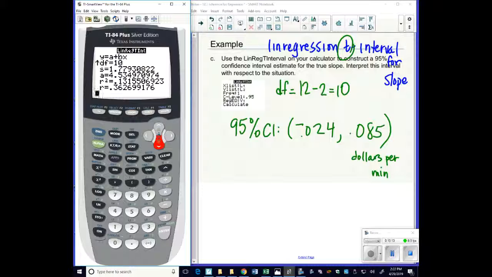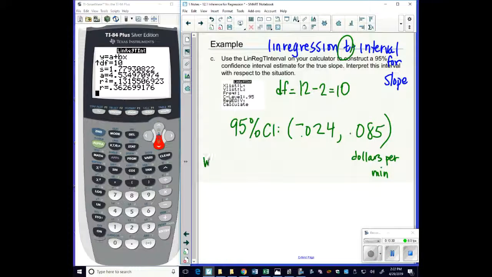We're not really interested in the y-intercept at this point, but we do want to be able to interpret our confidence interval. Remember, with slope, we're trying to estimate the rate of change. So we're looking at the rate of change in tip for every minute that a customer spends in this restaurant.